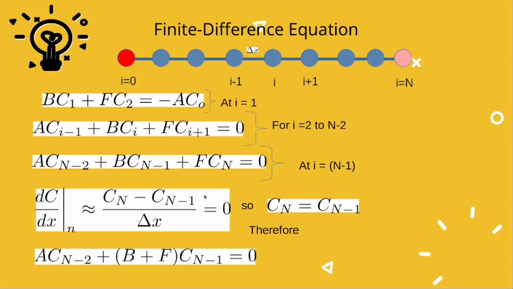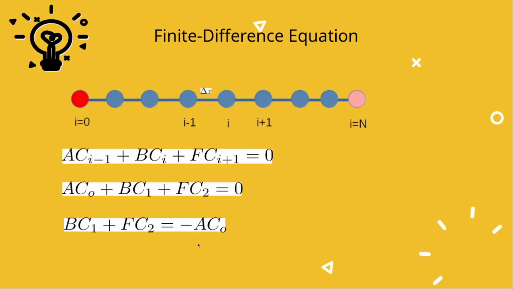So (Cn minus Cn-1) divided by delta x is equal to 0. I'm simply using the forward difference form here, and I'm going to get Cn equal to Cn-1. So I can substitute Cn-1 here for Cn.